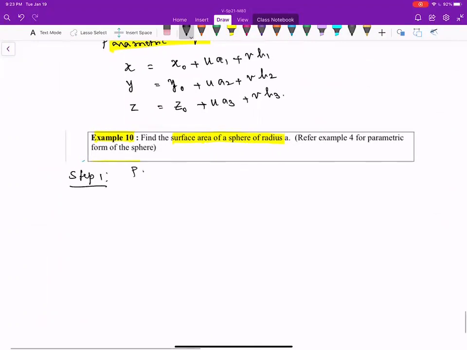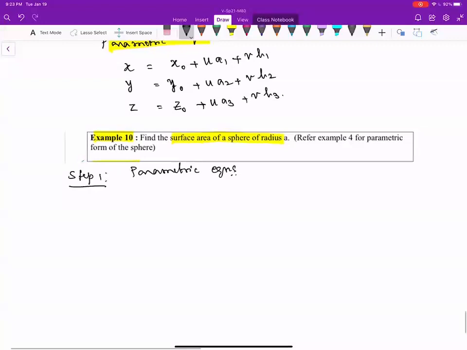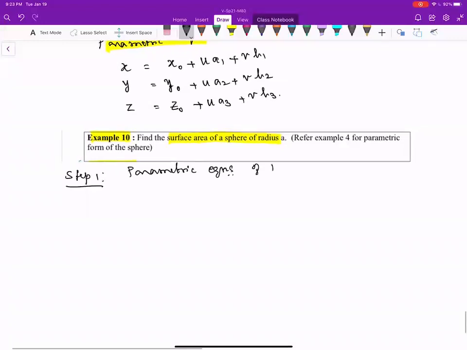The parametric equations of the sphere: the radius is given to be a, so x equals a sine phi cosine theta, y equals a sine phi sine theta, z equals a cosine phi.